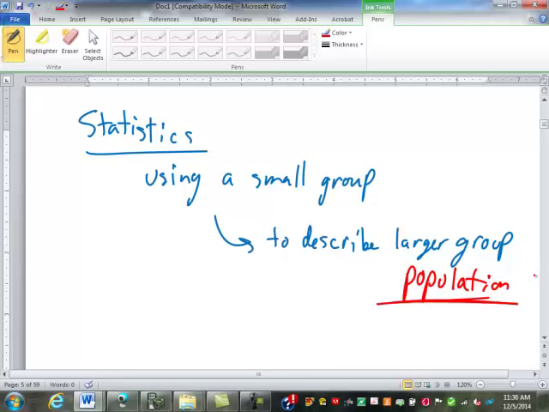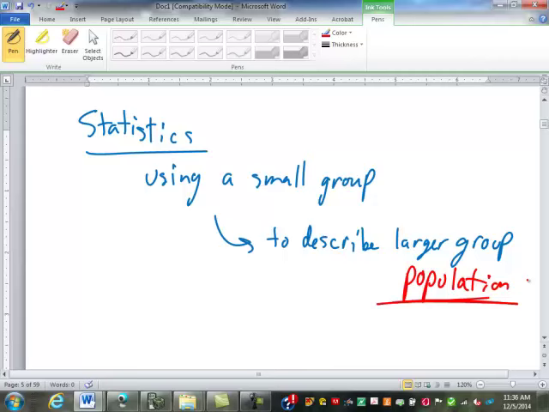For example, if we wanted to do a survey or wanted to learn about WITC students, we would be looking at all students at WITC. Or if we wanted to learn about the next presidential election, that's usually a tough one. Do we want to learn about everybody in the United States? What about the 12-year-old kid?